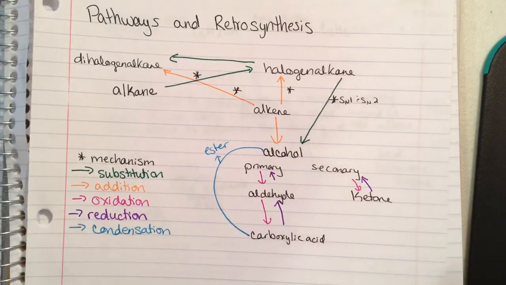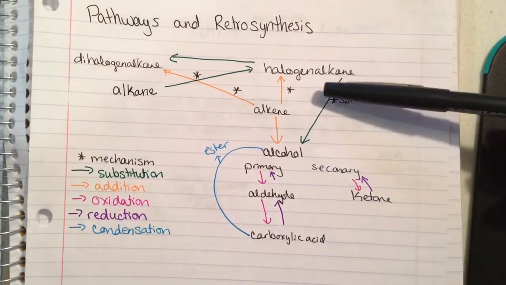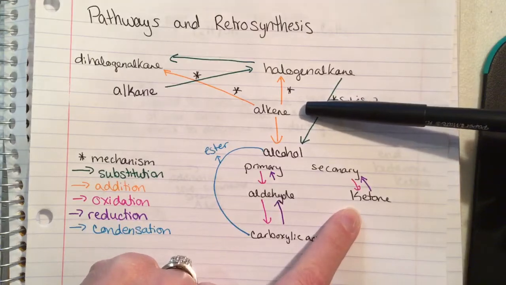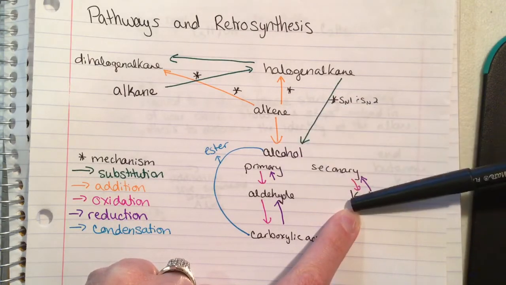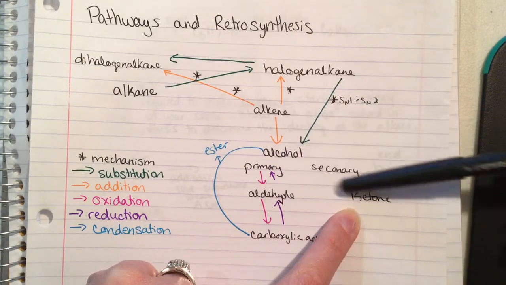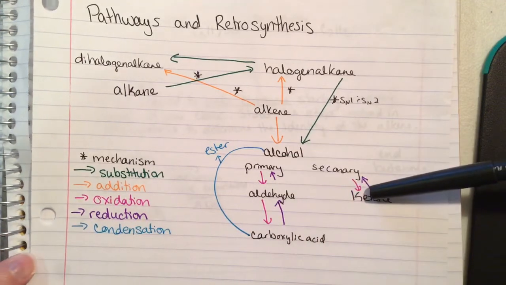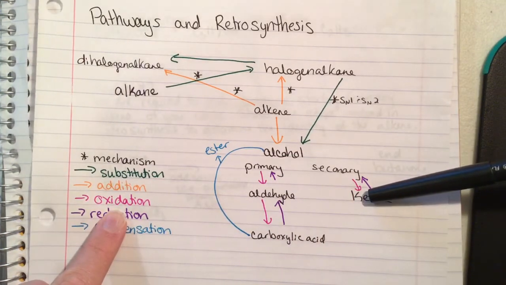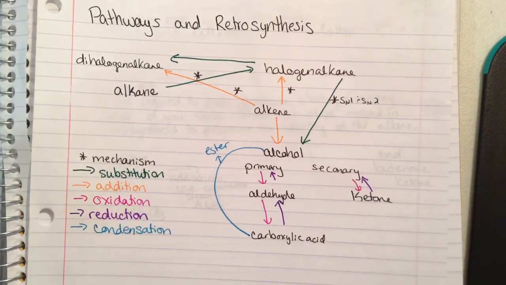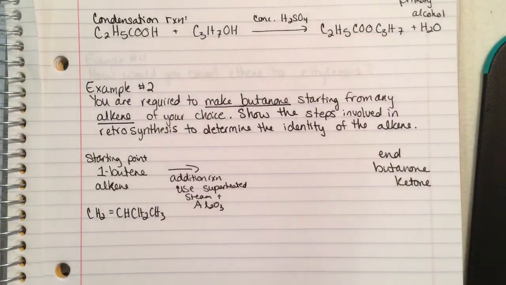So if I'm starting off with an alkene and I want to get to a ketone, an alcohol stands in my way. So superheated steam will get me to the alcohol. Then all I have to do is oxidize it, that pink arrow, to get it to be a ketone.